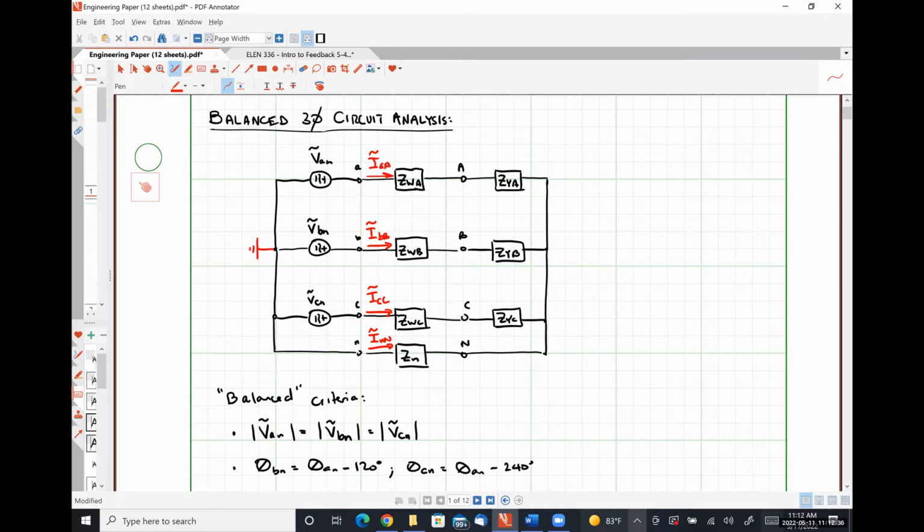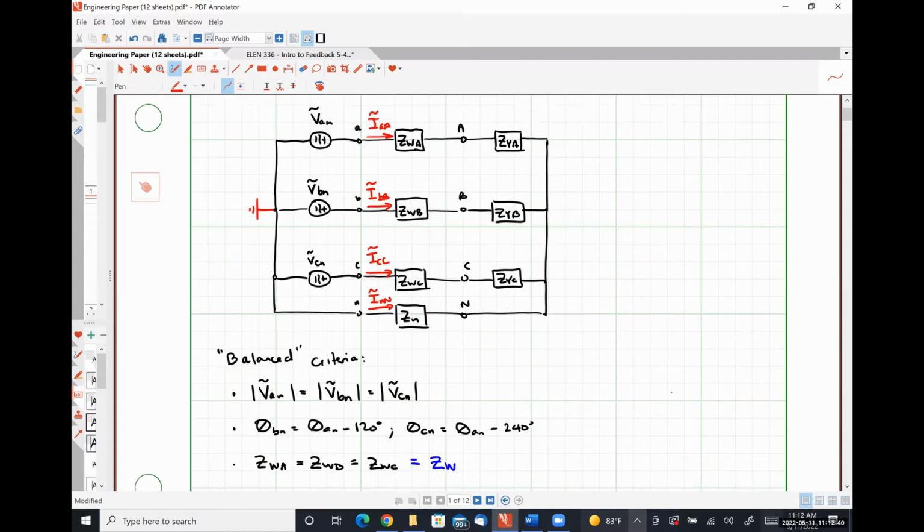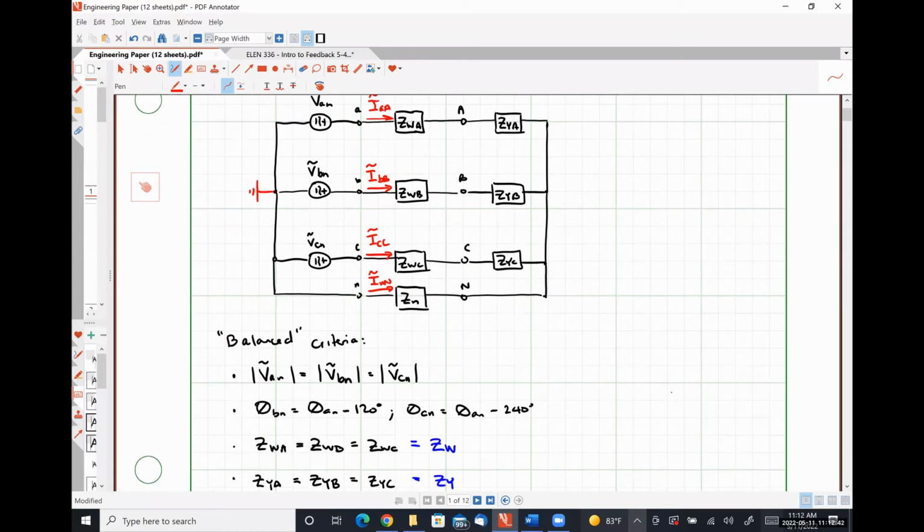All right. So what we can do then is apply Kirchhoff's current law to the load side neutral, so we're adding all the currents that are flowing into this node on the right-hand side and setting them equal to 0.